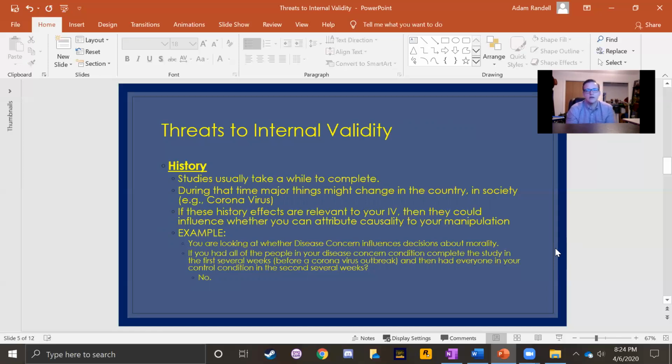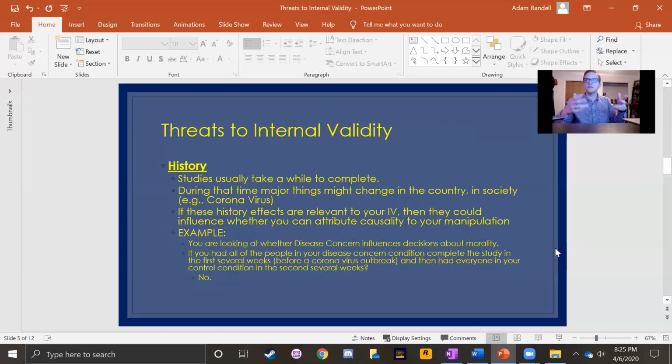So in the example here, let's say that you were looking at whether disease concern influences decisions about morality. And let's imagine that you collected all the data for your control condition in the fall of last semester. And now, in this time when everybody's in quarantine, you're trying to collect the data for your disease concern condition. Well, now you've got a huge history problem, because now you can't tell whether or not it's the public concern with being infected with the coronavirus.